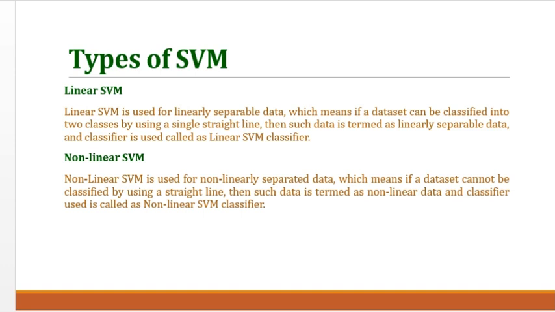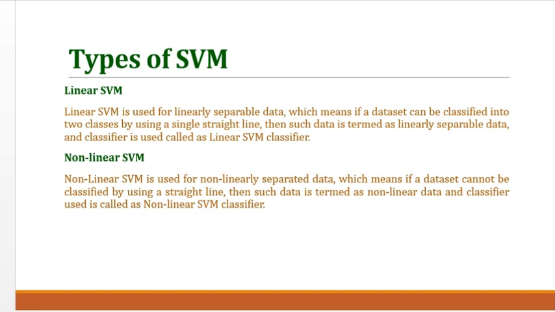Now, there are generally 5 types of SVM. One is linear SVM, which is used for linearly separable data. Non-linear SVM is used for non-linearly separable data. Then you have support vector regression, which is used for regression tasks; instead of classifying, it only predicts continuous values.